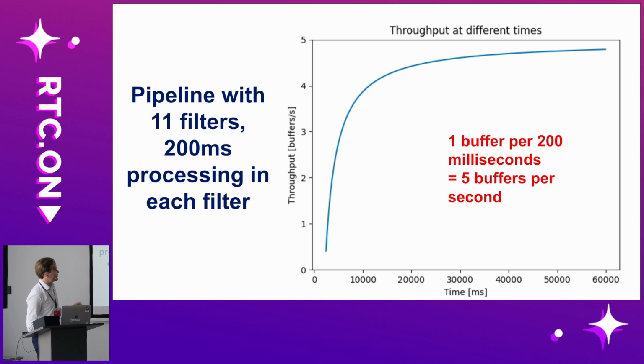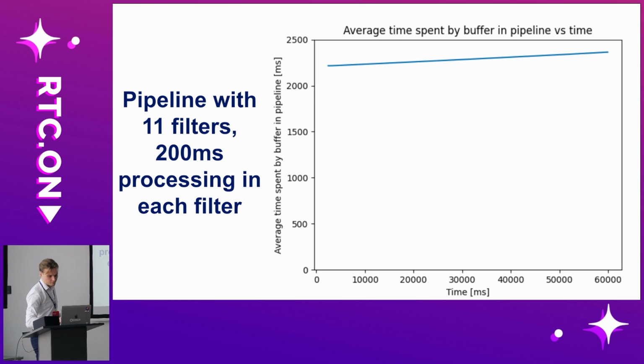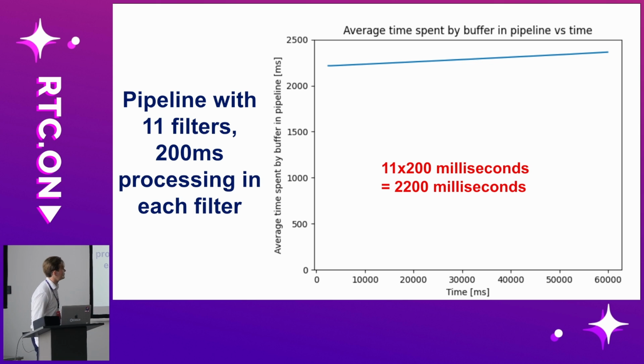So this is why we stabilize at this value. And here is the other metric, average time spent by a buffer in the pipeline. It's also not surprising that this value is around 2,200 milliseconds, because all the time spent by a buffer in a pipeline was spent on processing it, and we had 11 elements processing 200 milliseconds each. So this is the result.